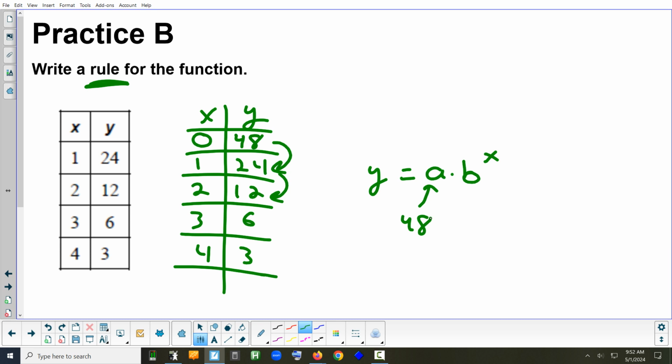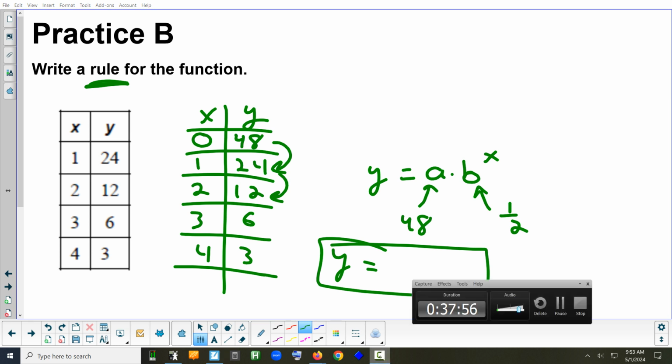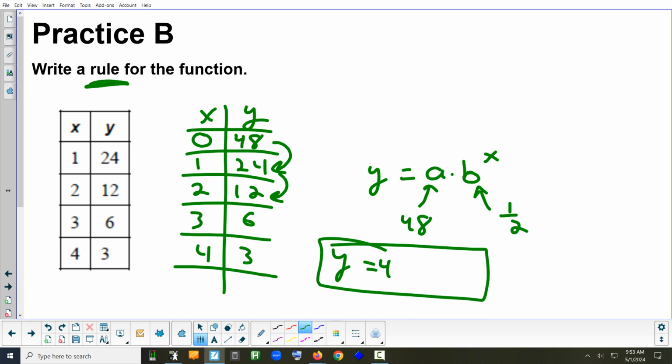How about to get from 24 to 12? Yep, multiply by a half. It's times a half each time. So your b value is a half. Now you just need to write the final answer. Y equals 48 times 1/2 to the power of x. Yeah, perfect. That's your answer.